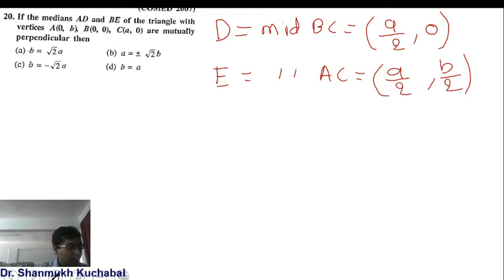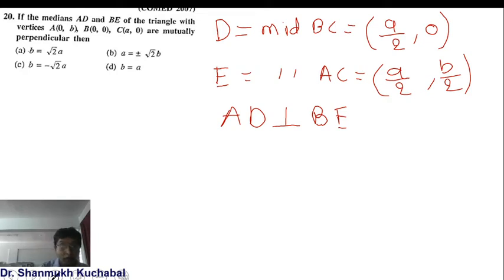Now we observe that AD is perpendicular to BE.